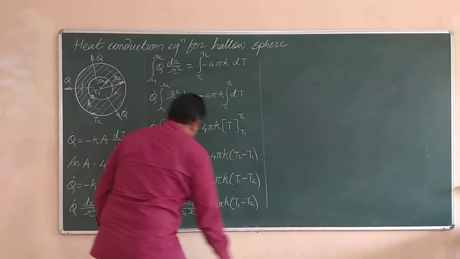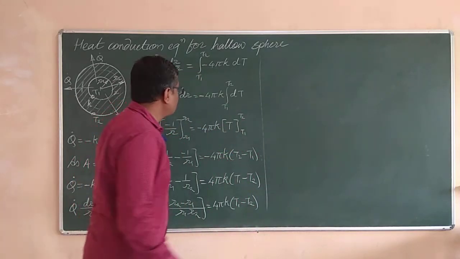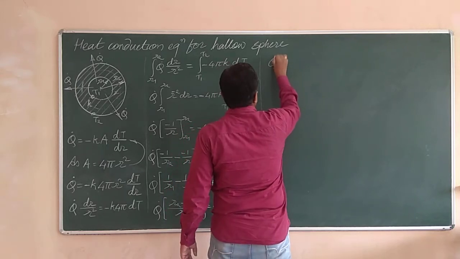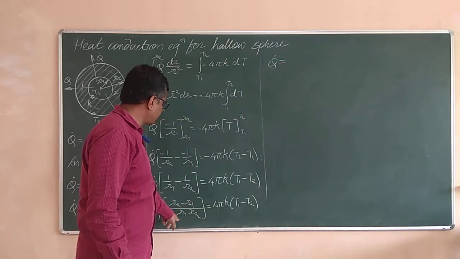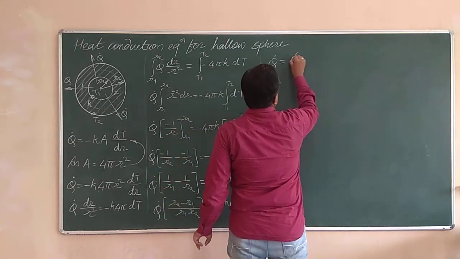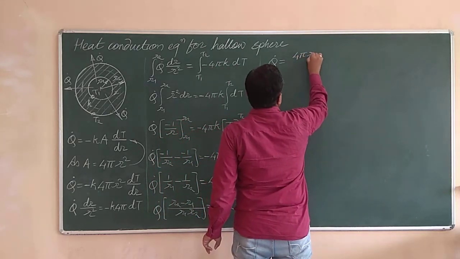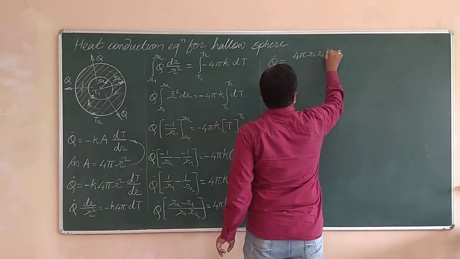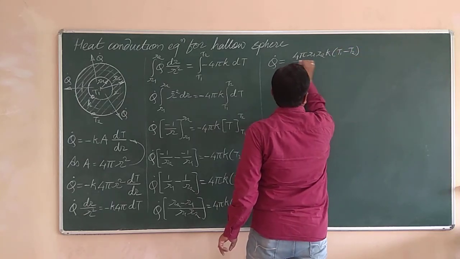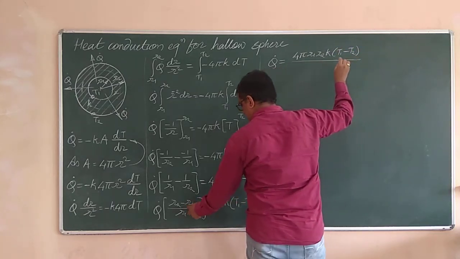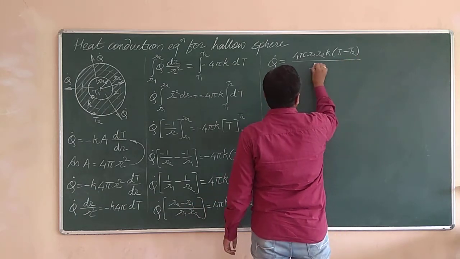So if I write the equation for Q dot, Q dot will equal, if I take this entire bracket to the other side, 4 pi R1 R2 k into the bracket T1 minus T2, whole divided by the term R2 minus R1.